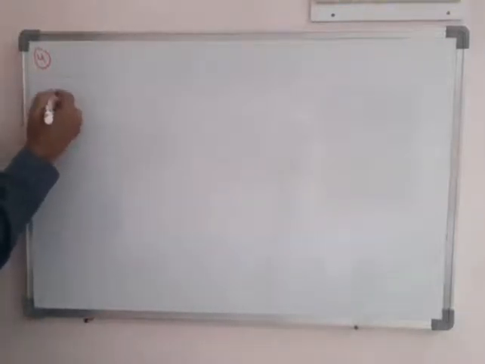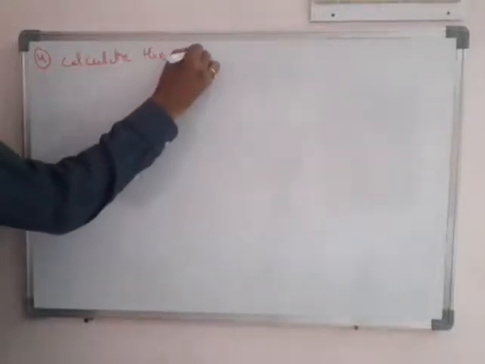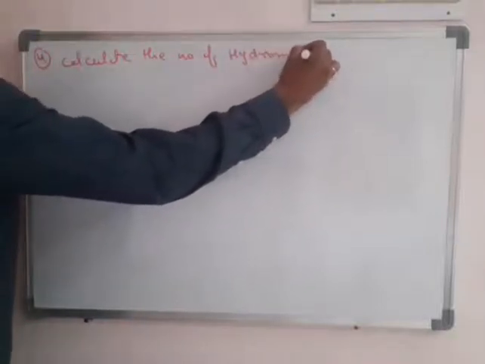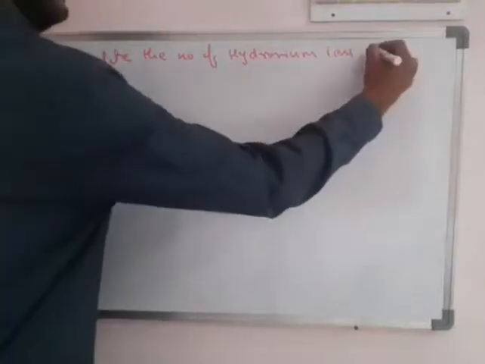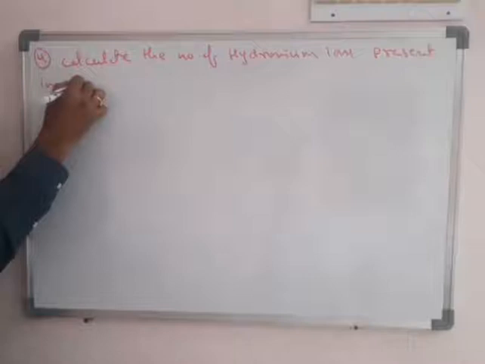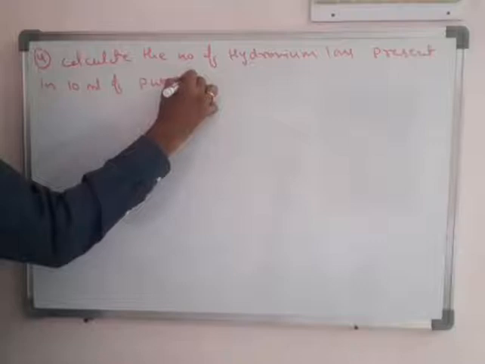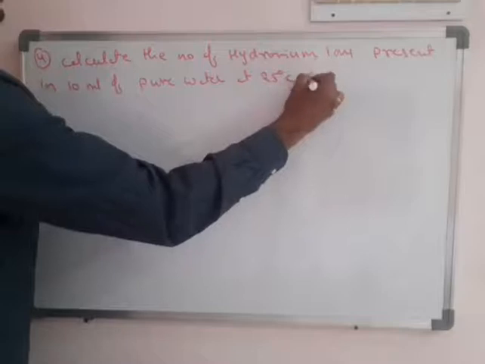Calculate the number of hydronium ions present in 10 milliliter of pure water at 25 degrees Celsius.